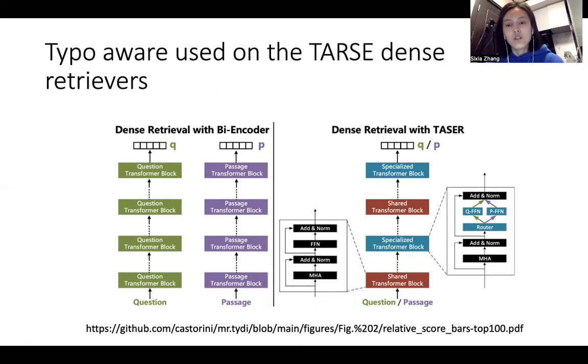It also adds a specialized transformer block. In this block, they add FFN sublayers for the queries and the passages in parallel. Each of them has its own set of parameters, and the router is used to choose among these expert FFN sublayers.